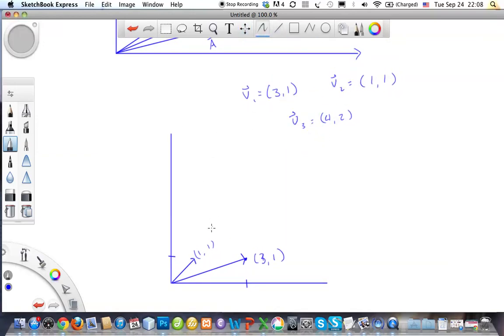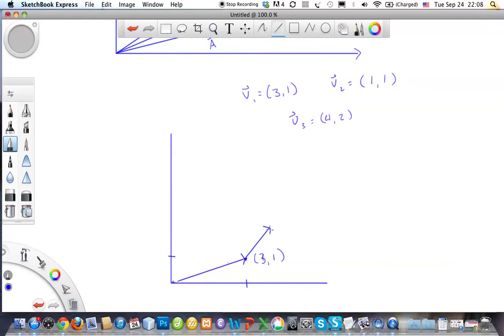So I'm going to move this vector 2 onto the head of vector 1, and I'm going to get this vector right here. Since I moved him, his position is definitely going to change. Now the direction stays the same, but you can move a vector anywhere you want.